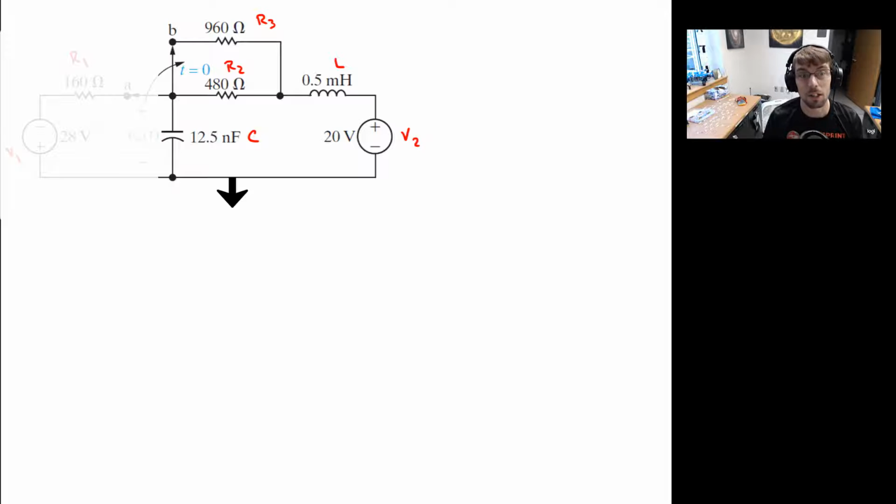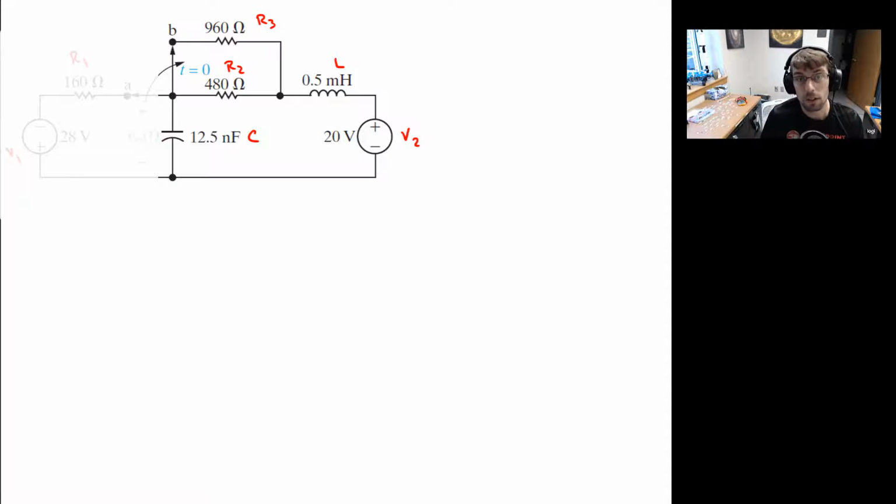Still better than running Kirchhoff's laws. Or you want to run a mesh current, and so you do two mesh currents around these two loops. Those are all perfectly legitimate methods and approaches. Some will be easier than others.